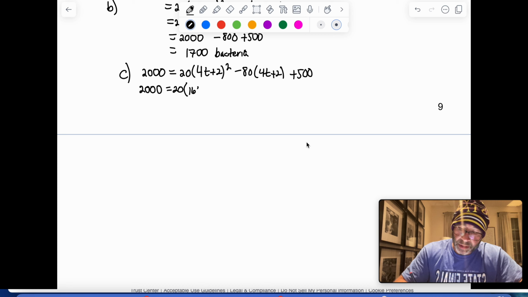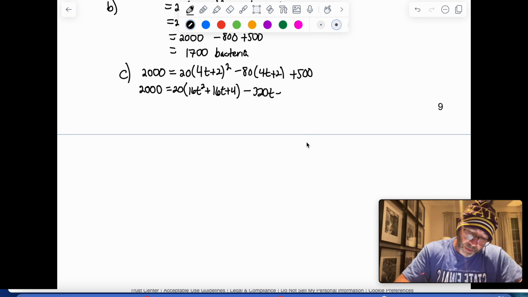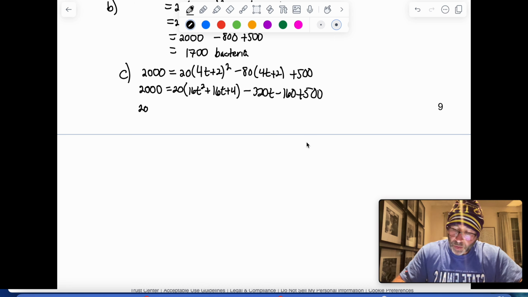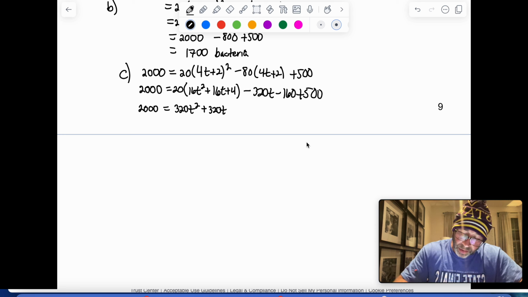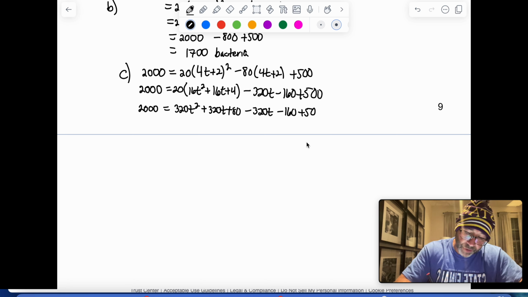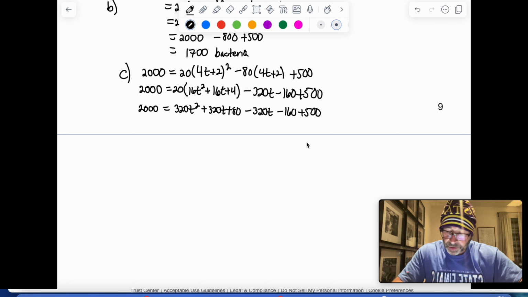This is going to be 16t squared plus, that's going to be 16t plus 4 minus 320t minus 160 plus 500. Okay? We're going to have 2,000 is going to equal 320t squared plus 320t plus 80 minus 320t minus 160 plus 500.